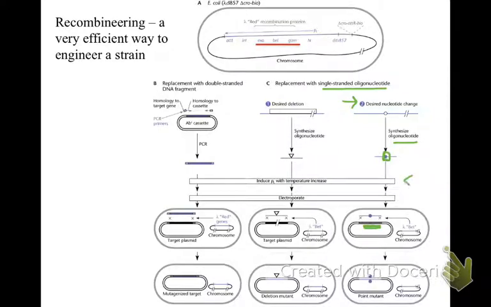Now we again induce the lambda red proteins. We electroporate that oligonucleotide into the cell, so you can see it here. And because we've got homology, we will again delete or remove the gene that was there, and we will now replace it with the gene that has our point mutation of interest on the plasmid.